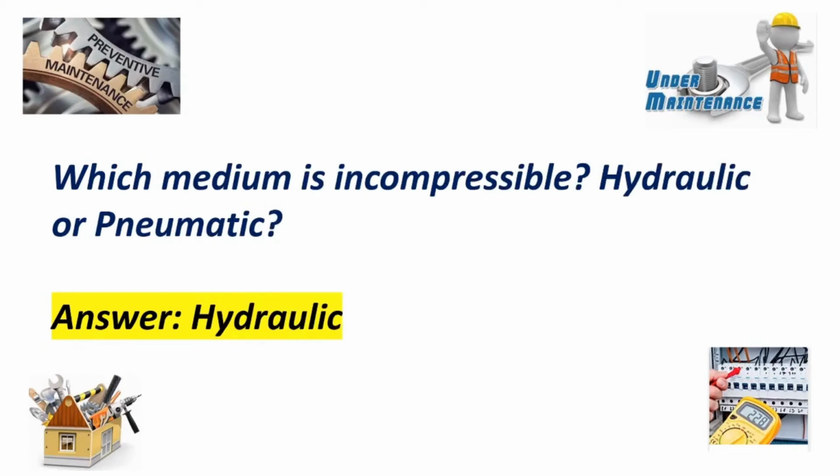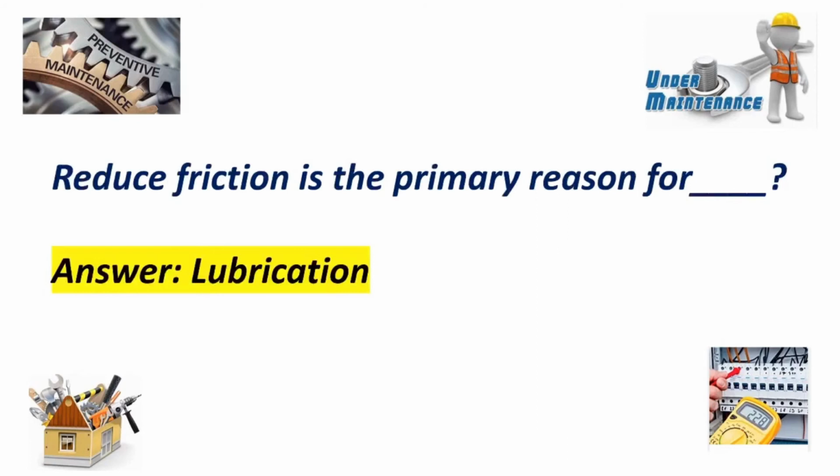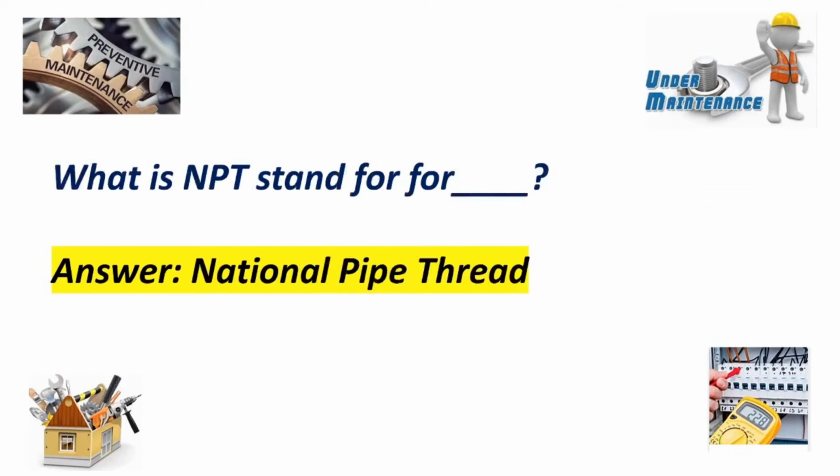Answer: hydraulic. Reduced friction is the primary reason for lubrication. What does NPT stand for? Answer: National Pipe Thread.